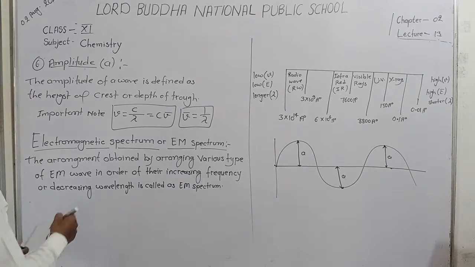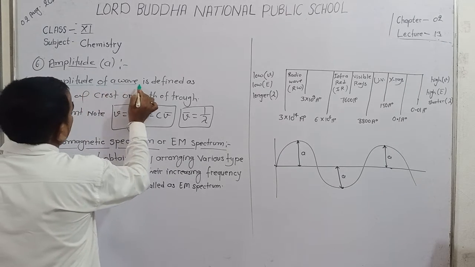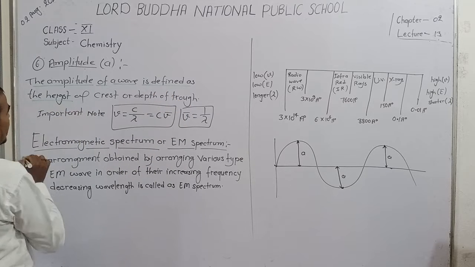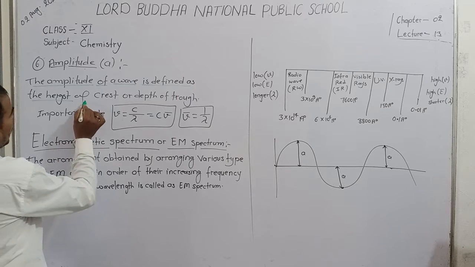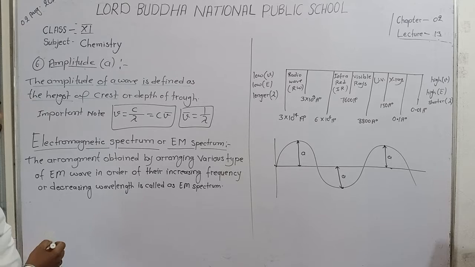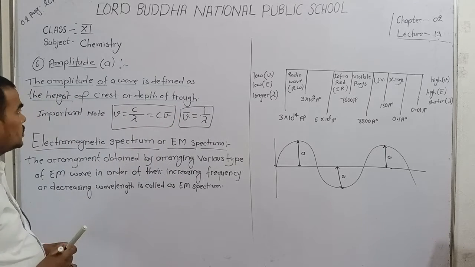So we say the amplitude of a wave is defined as the highest height of the crest and depth of the trough.